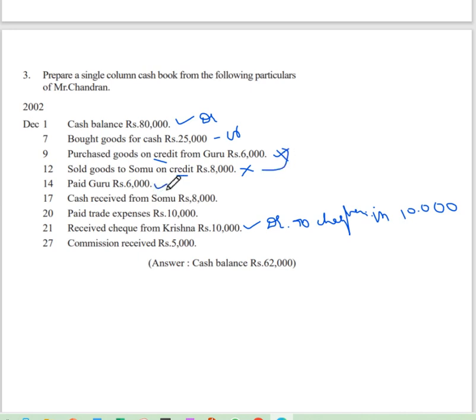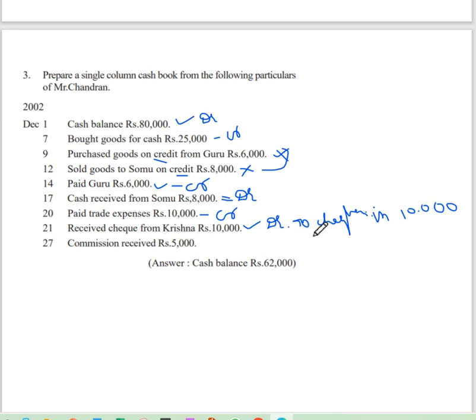Next, paid Guru rupees 6,000. This should be recorded in the cash book because cash is going, so it goes in the credit side. Cash received from Somo 8,000 rupees. This should be recorded in the debit side. Paid trade expenses. We will consider this in the form of cash, payments in the credit side.